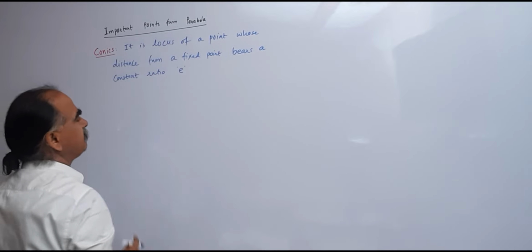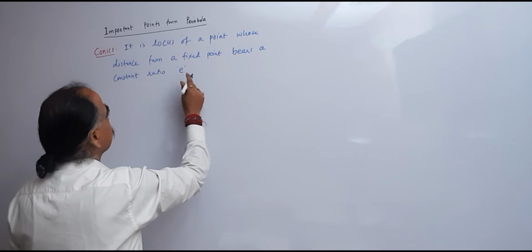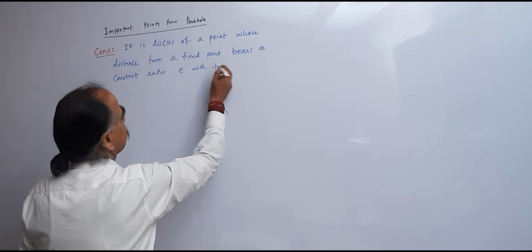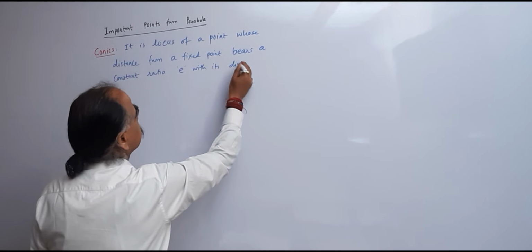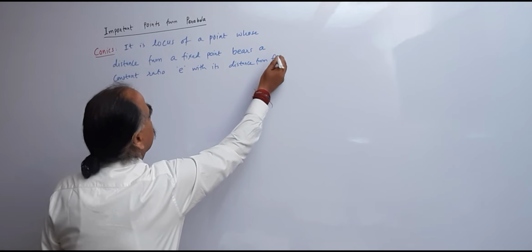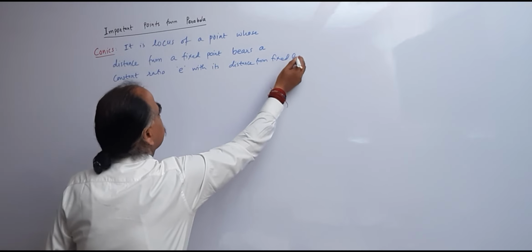This ratio is denoted by e, constant ratio e, with its distance from a fixed line.